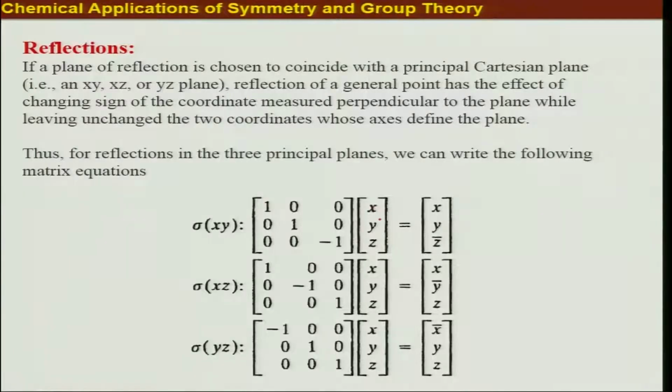Since x and y remain unchanged after this reflection operation, I will have the elements as 1 in the diagonal, for the element 1 1 and element 2 2.